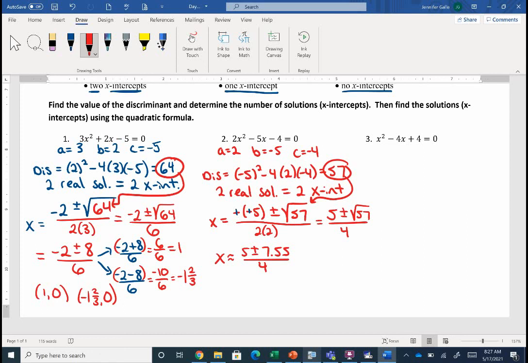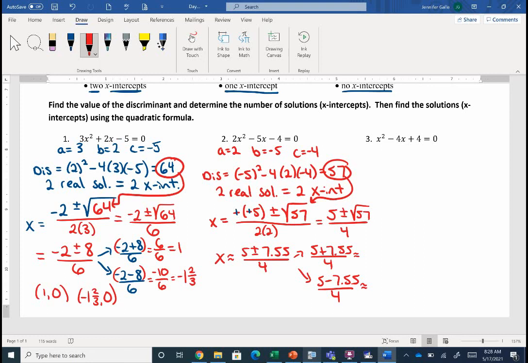All right, so let's go ahead and split. So 5 plus our 7.55 divided by 4, and then our 5 minus. Remember, guys, just the value that the plus minus is in front of changes. Everything else stays the same. 5 is still positive, 4 is still positive.